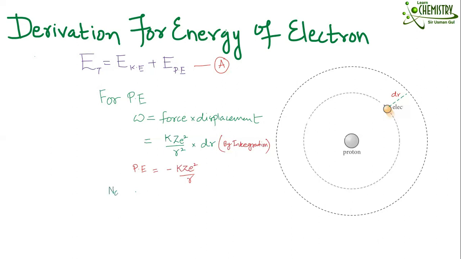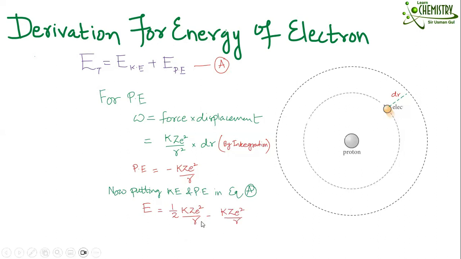Now putting KE and PE in equation A. So we got KE and PE, so we will put in: E equals half kze square upon r. Now here you can see the plus sign is there, but in the PE formula we have a minus sign, so this plus sign will change into a minus sign. It will be written as minus kze square upon r.